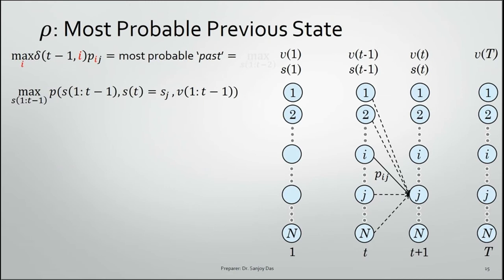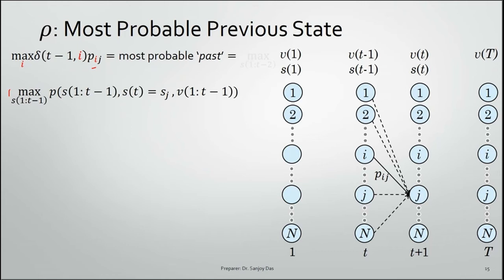So in an earlier derivation, we had this somewhere in the middle. Delta t minus 1, i, I started off with, and then I multiplied it with Pij, and I got this maximum. Now what's delta t minus 1, i?